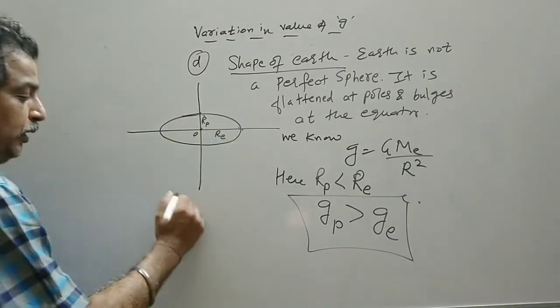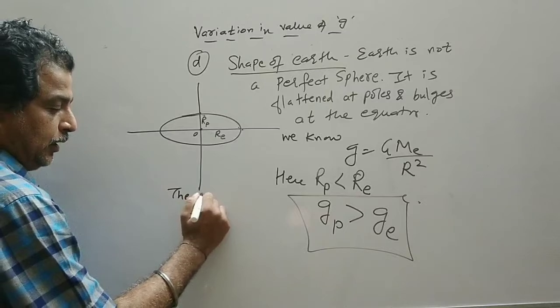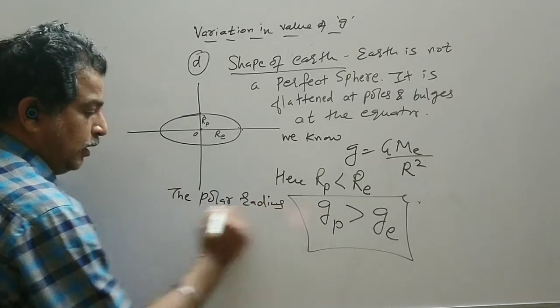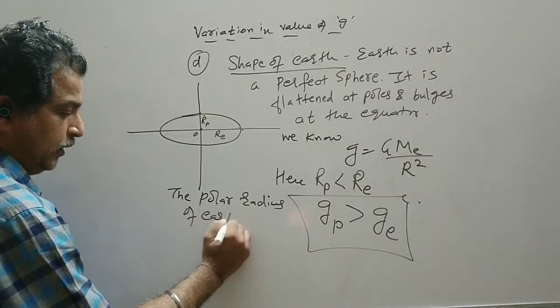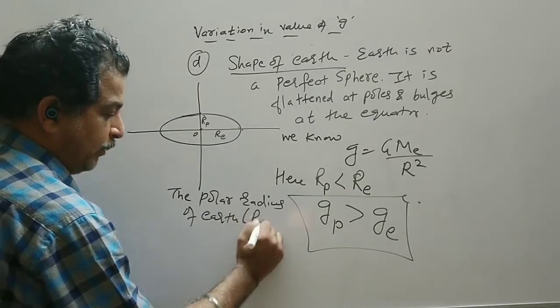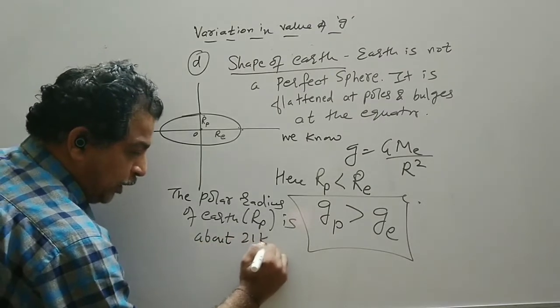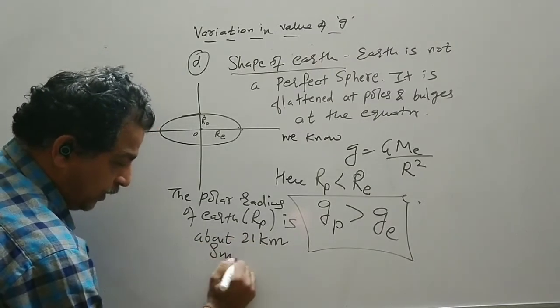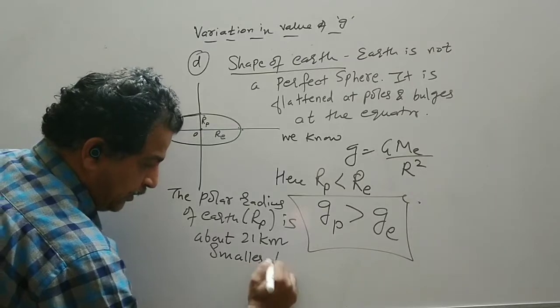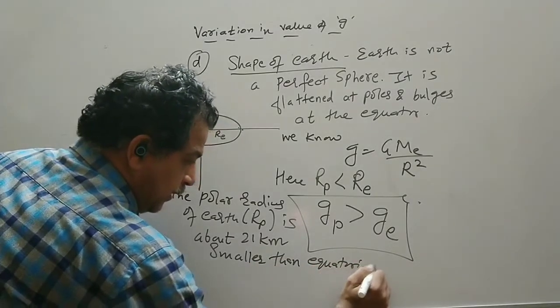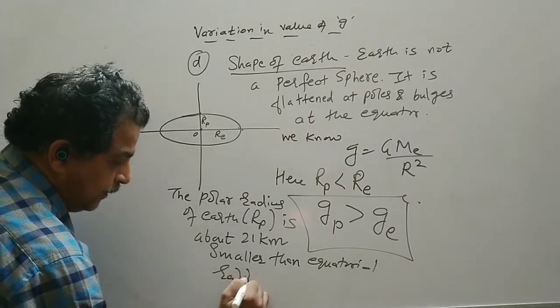Now it has been found that the polar radius of Earth, that is Rp, is about 21 kilometers smaller than the equatorial radius.